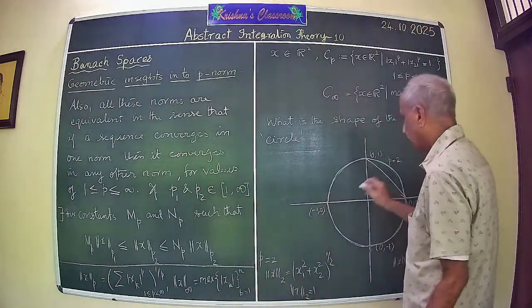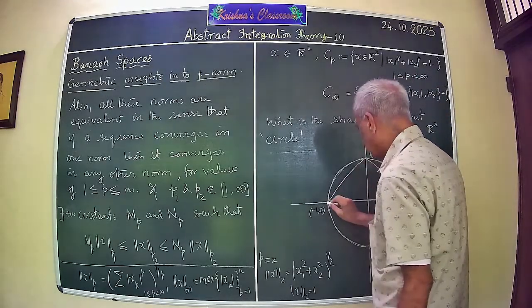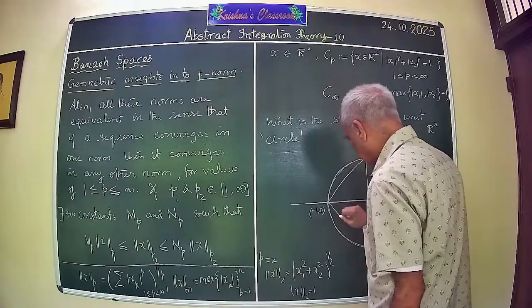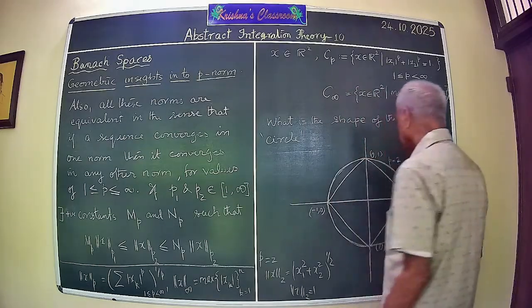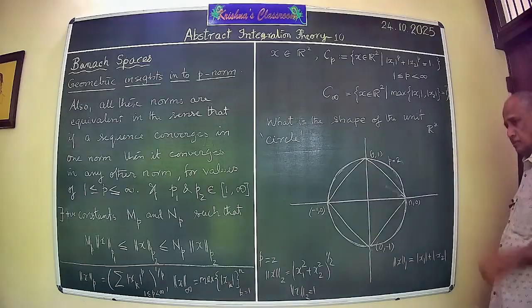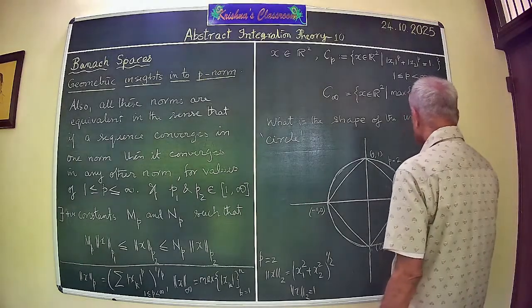And then the other lines are when x1 is positive, x2 is negative. So you get a nice square. Okay, this corresponds to p equal to 1.